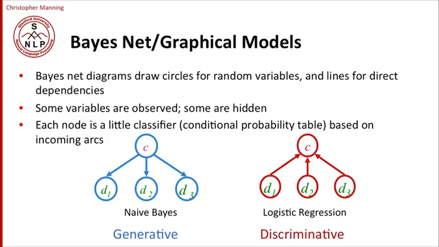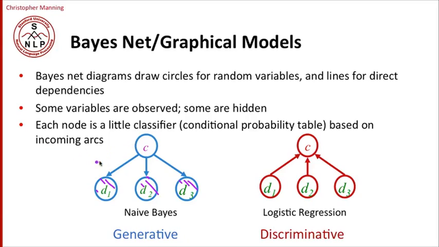If we draw these kind of models, what we find is that for a naive Bayes model, the picture looks like this. So at classification time, we're observing the various words of the document, which is our given data, and based on those, we want to predict the class.